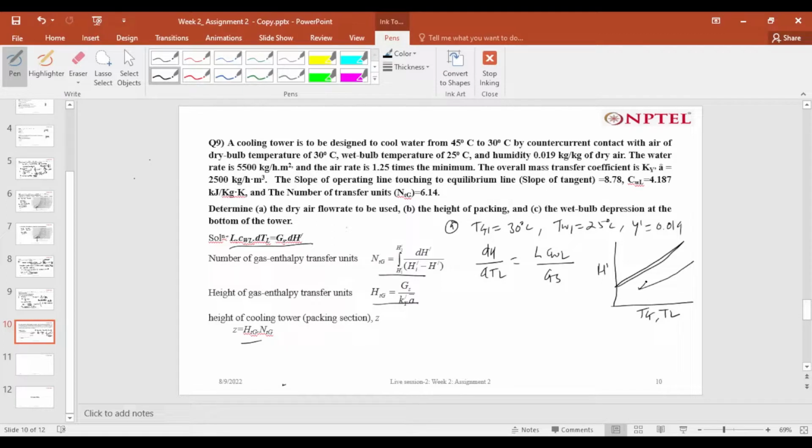The tangent is given, means if this is the initial point, to touch this tangent, calculate the slope, which means H2 minus H1 divided by TL2 minus TL1. That is the slope. The slope is given as 8.78, multiplied by 4.187. Now Gs.